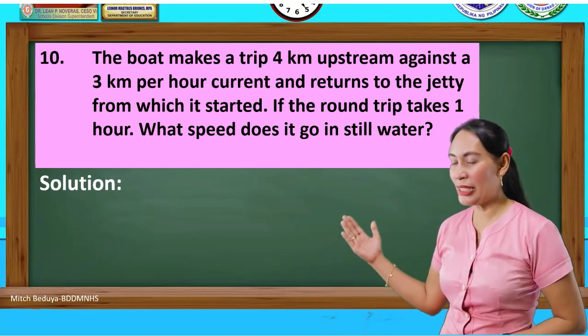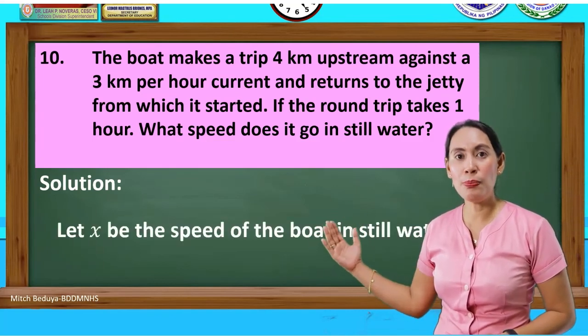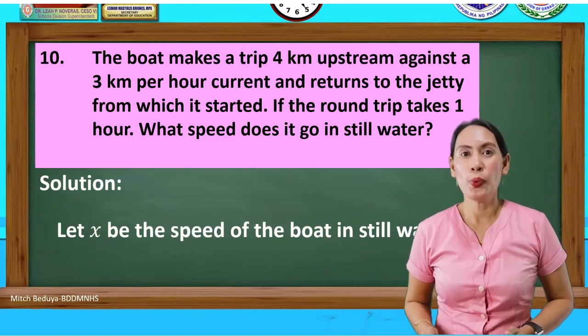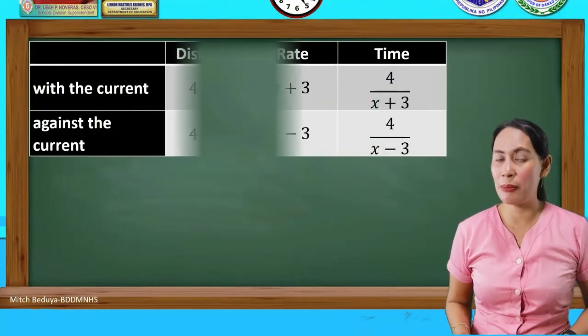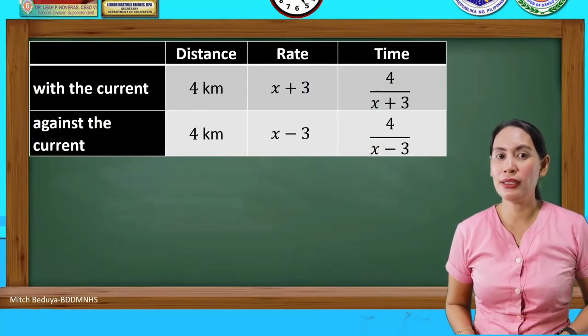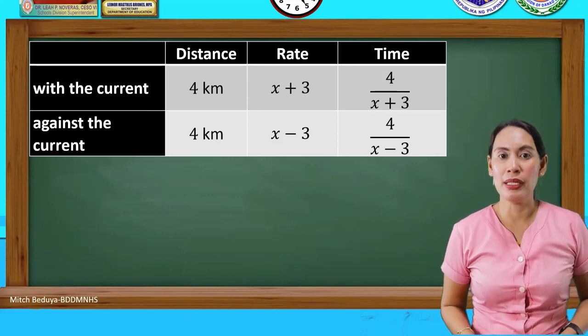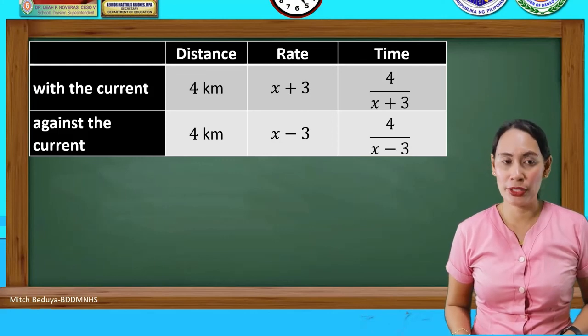So the solution is, let x be the speed of the boat in still water. So here's the table. When the boat goes with the current, the distance was 4 kilometers. The rate was x plus 3. And the time was 4 over x plus 3.